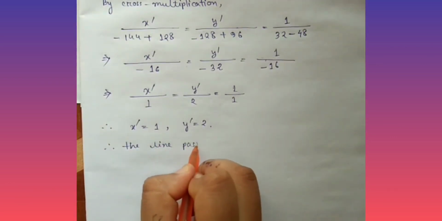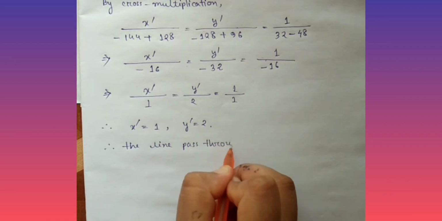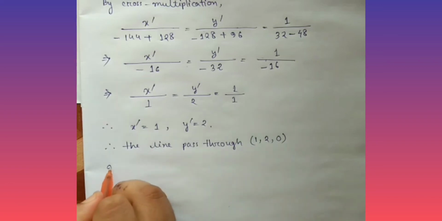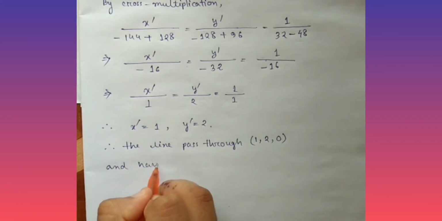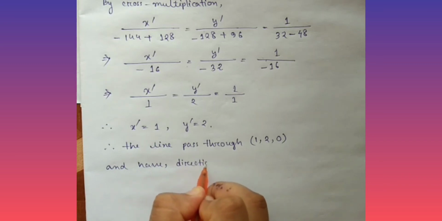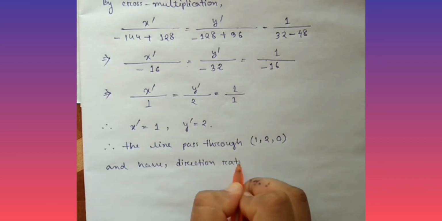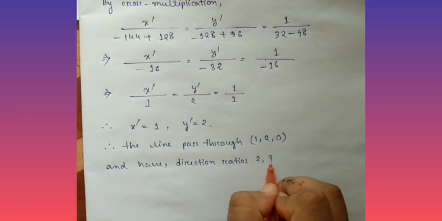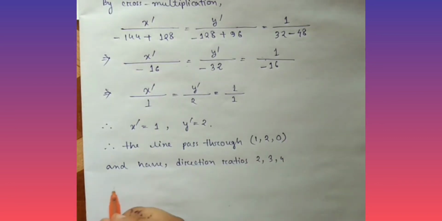Again, by cross multiplication, we get the values of x dash and y dash. Therefore, the line passes through the point 1, 2, 0, which has direction ratios 2, 3, 4.